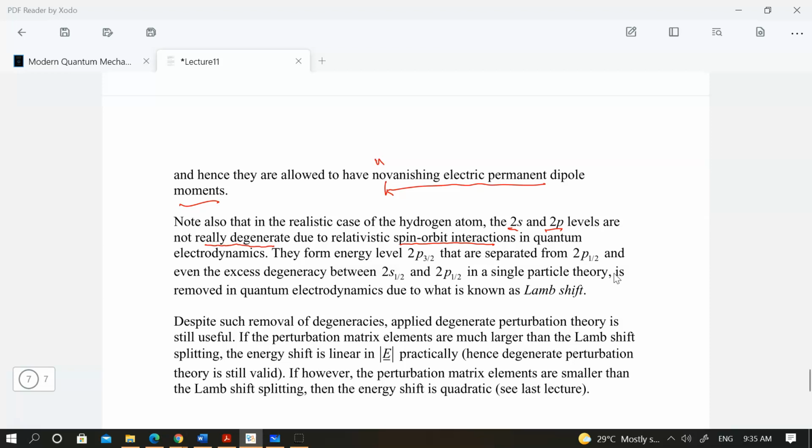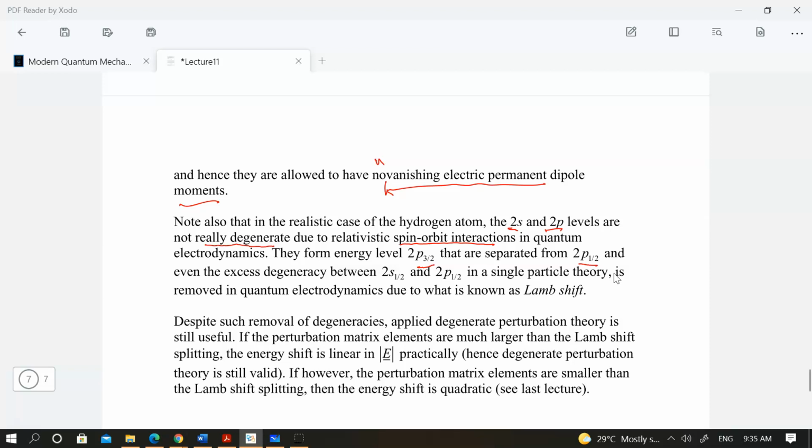So when you have spin orbit interactions, your p states will split up into two, p with 3/2 total angular momentum and p with 1/2 total angular momentum, and they are already separated due to these spin orbit interactions.